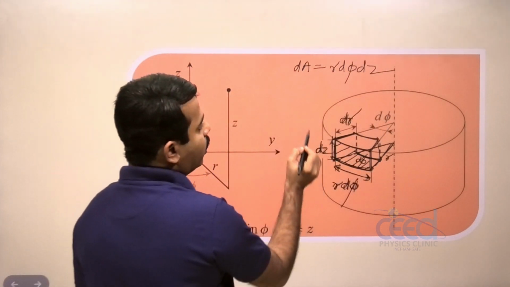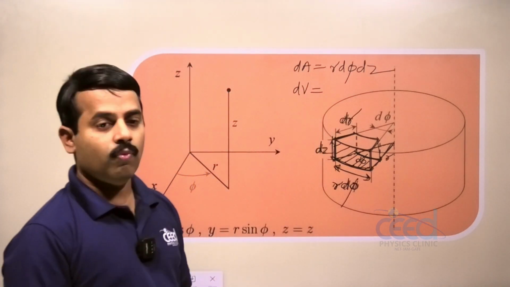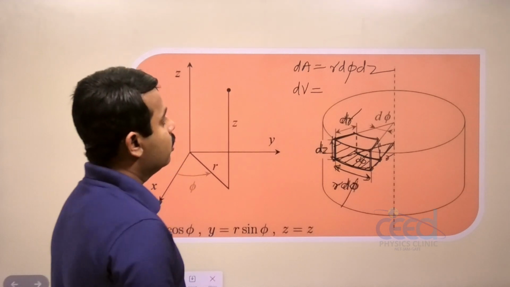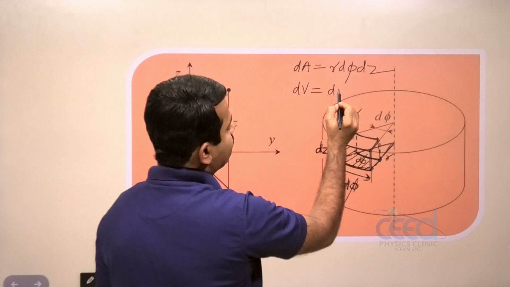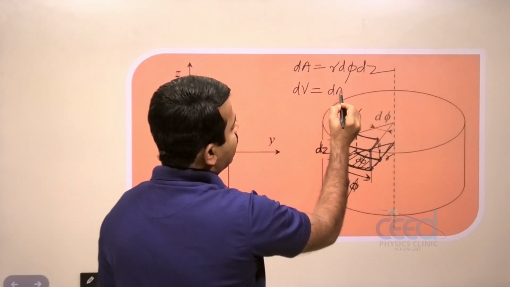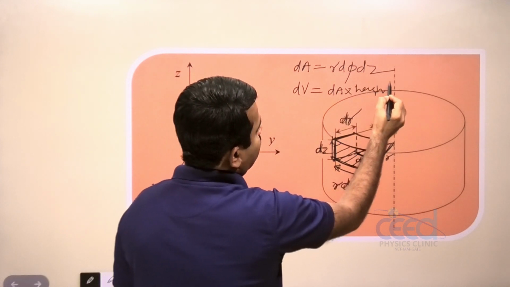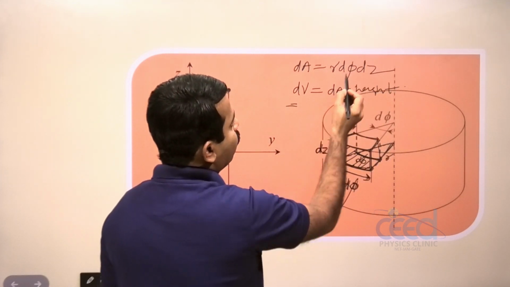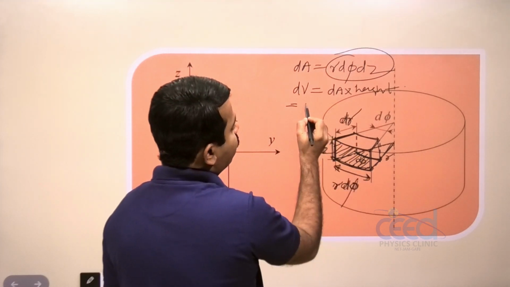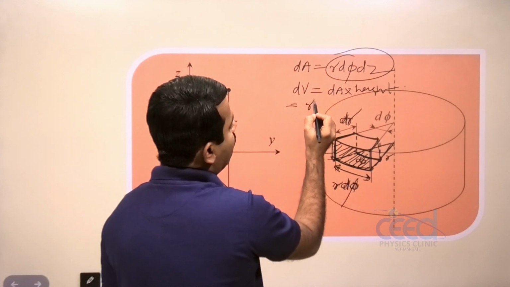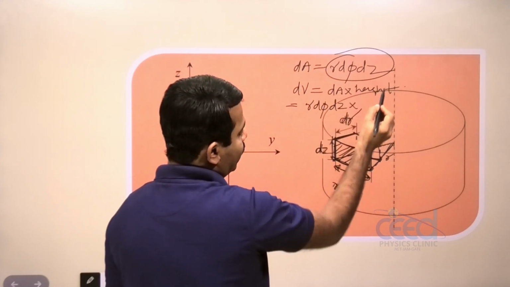Now what is the volume? The volume element is equal to this small volume, this area into height. Area into that height. Then what is this area? The area we already got, r d phi dz, into what is the height?